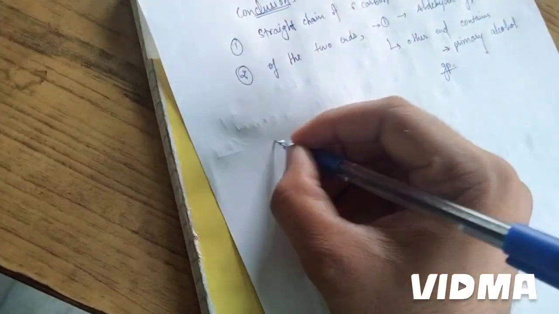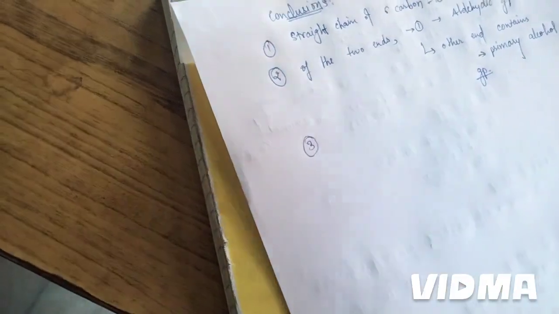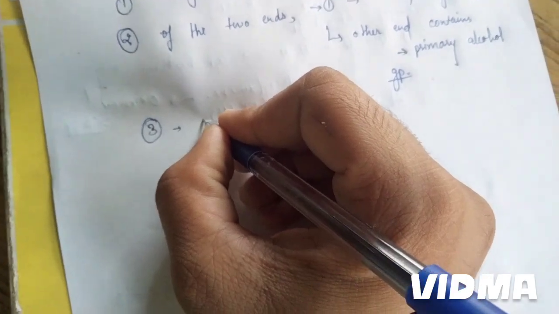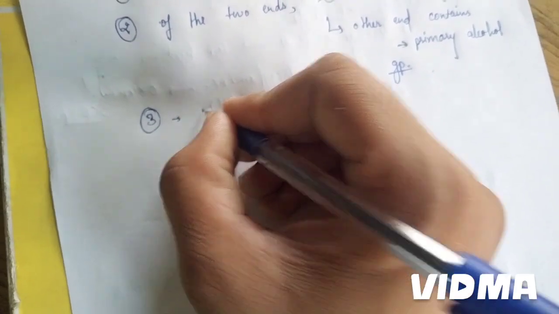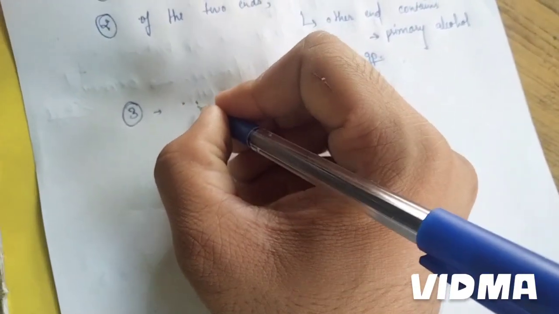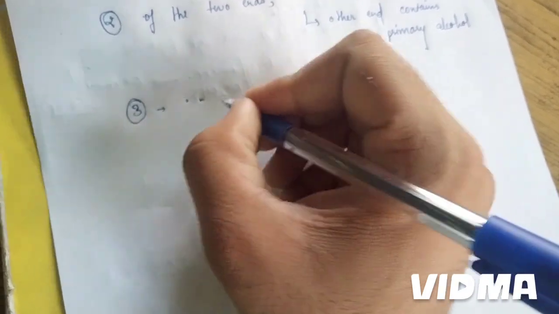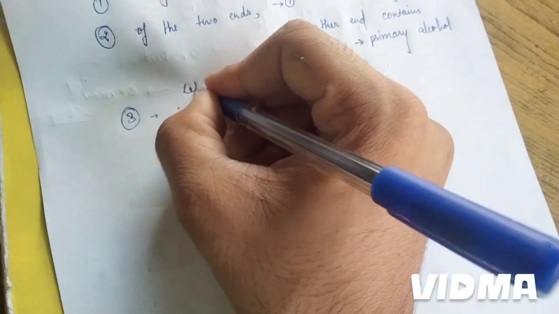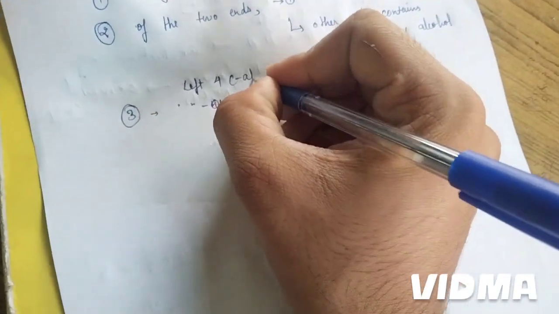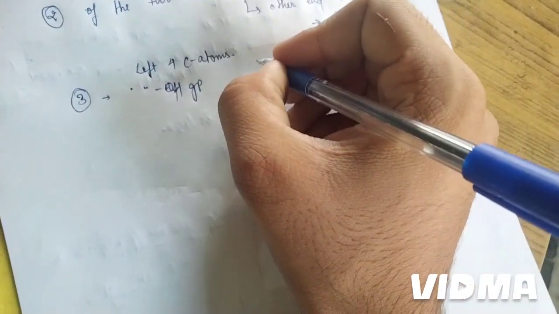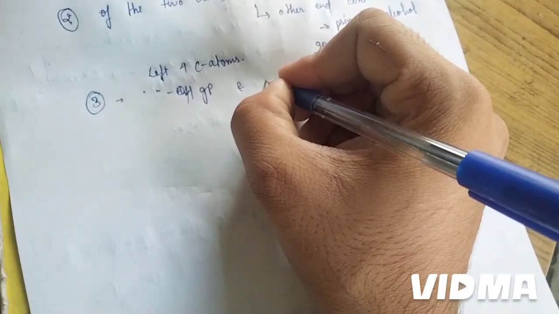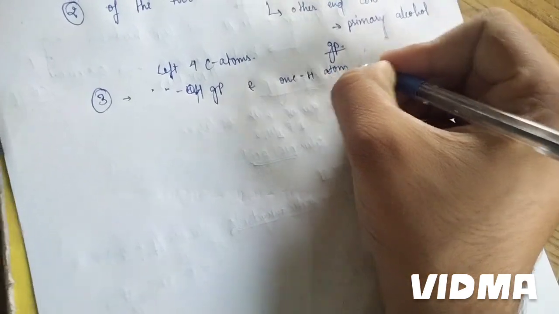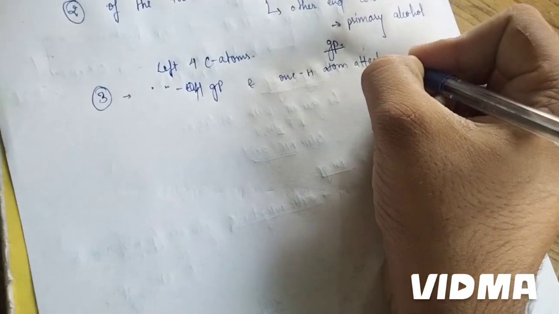And the third point which we got is that the structure of glucose contains the left 4 carbon atoms with the hydroxyl group and one hydrogen atom attached to them.